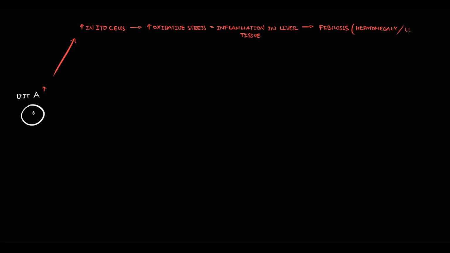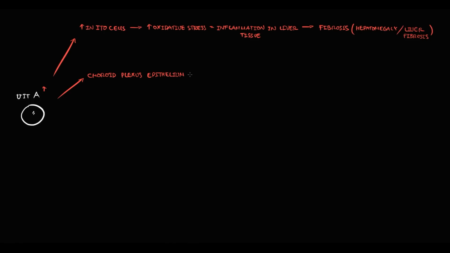With excess of vitamin A, the concentration of vitamin A in the Ito cells of the liver increases, which causes severe oxidative stress with inflammation in the liver tissue. And inflammation leads to fibrosis, so it's a hepatotoxic effect. Also, excess of vitamin A affects the state of the choroid plexus in the nervous system.